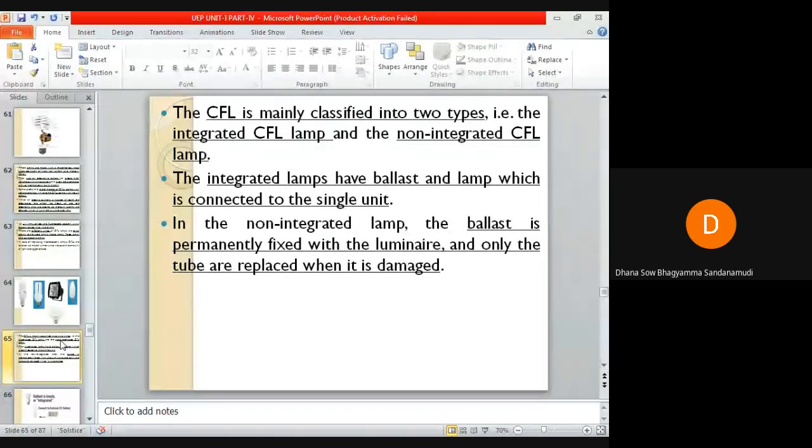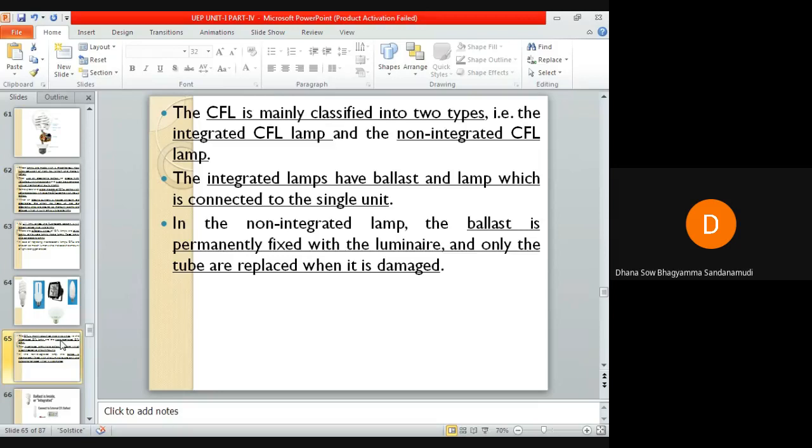Integrated compact fluorescent lamp will have an inbuilt ballast, and non-integrated compact fluorescent lamp will not have an inbuilt ballast. We have to connect it separately to the lamp. So one advantage is there for non-integrated compact fluorescent lamp, that is, if there is any damage and you want to replace the compact fluorescent lamp, then you can replace only the tube.